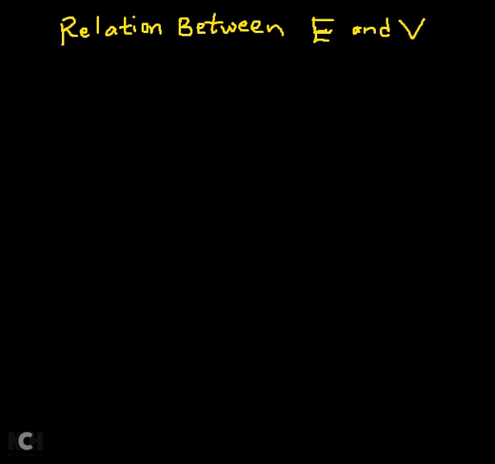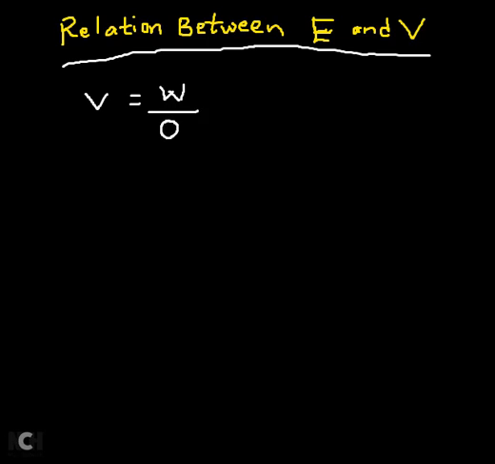Now, how do we establish this mathematical relationship? It will be very easy. We already know from our definition that electric potential is equal to the work done in moving a unit charge.